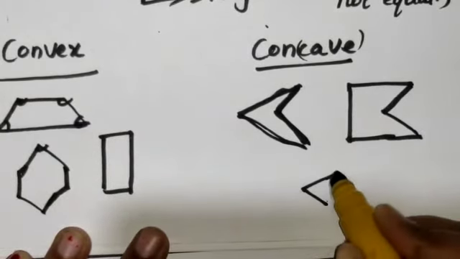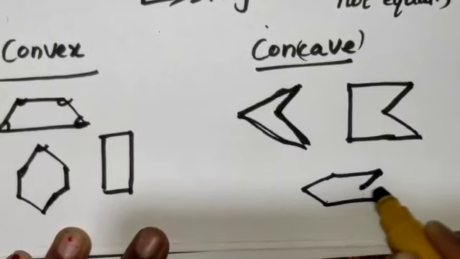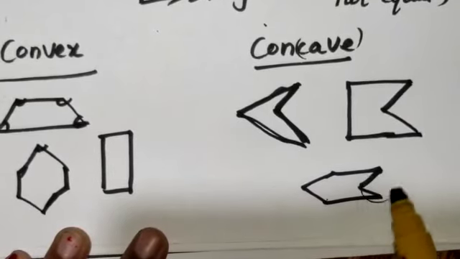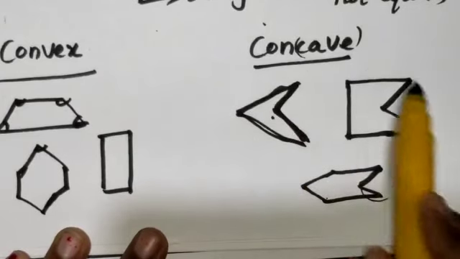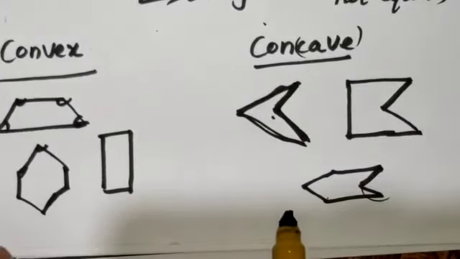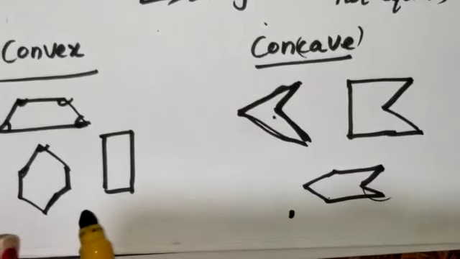These are some examples of concave and convex. You see that here this looks like a cave, and here also. So these are the examples of concave polygons, and these are the examples of convex polygons.